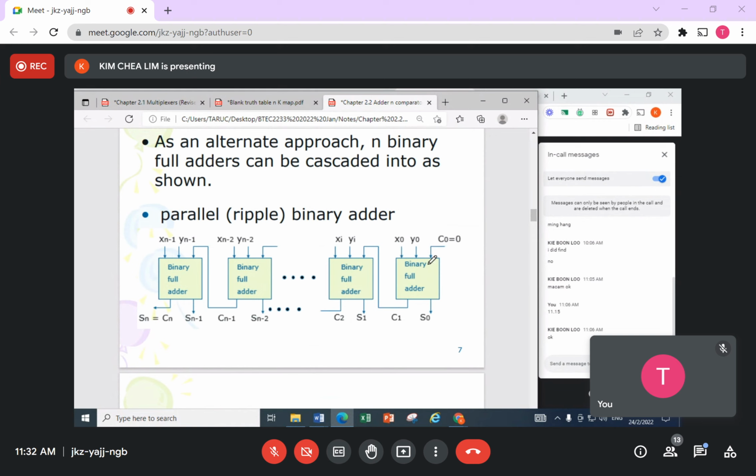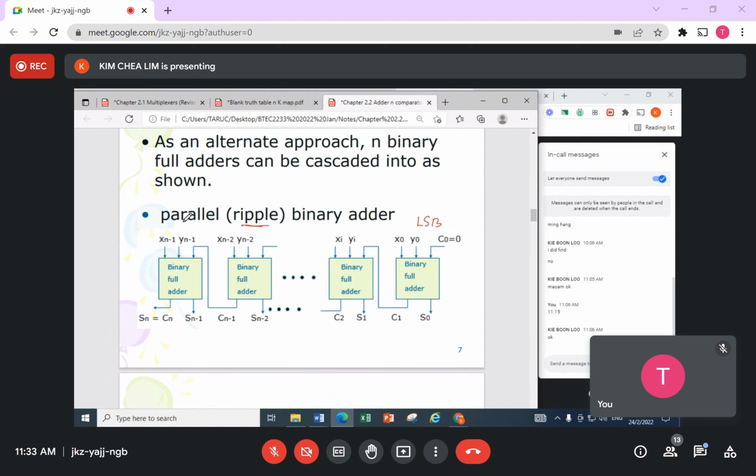The carry out from the LSB bit, this is my LSB bit, becomes the input of the next higher order bit. So you can add 2 bits, and expand to 4 bit, 5 bit, 6 bit, and so on. You connect them this way in order, and this connection is called a parallel binary adder with ripple carry.